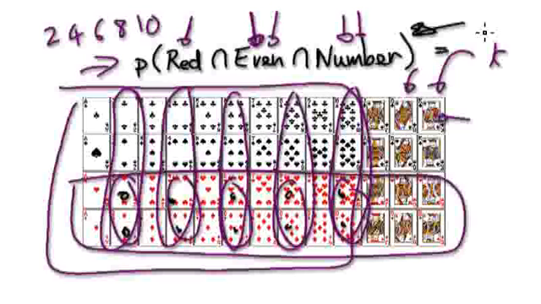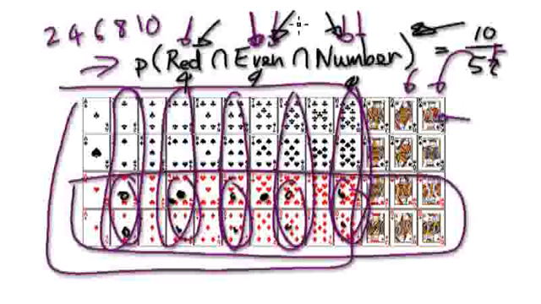So the answer to this would be 10 over 52. Because if you pick out this card here, it's a red card, it's an even card, and it's a number card. If you pick out, let's say this one, it's a red card, but it's not an even card, though it is a number card.